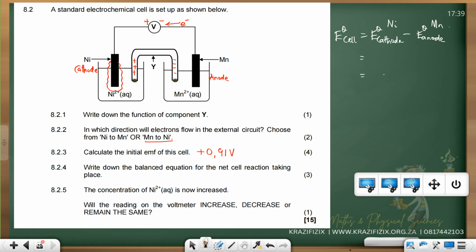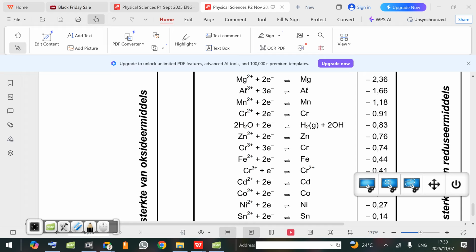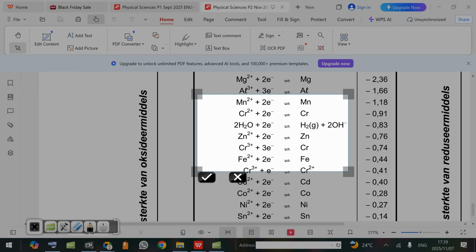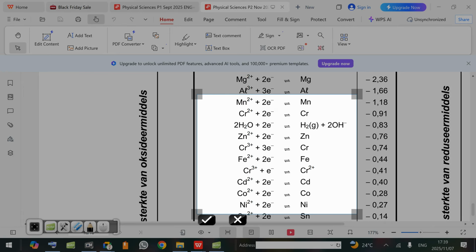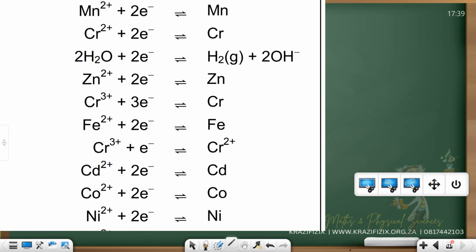All right. Write the balanced equation for the net cell reaction taking place. Okay, let's quickly guide everyone on how to write that. Very, very important, 3 marks. So we are using Mn and Ni. So we know this is 4b, right?